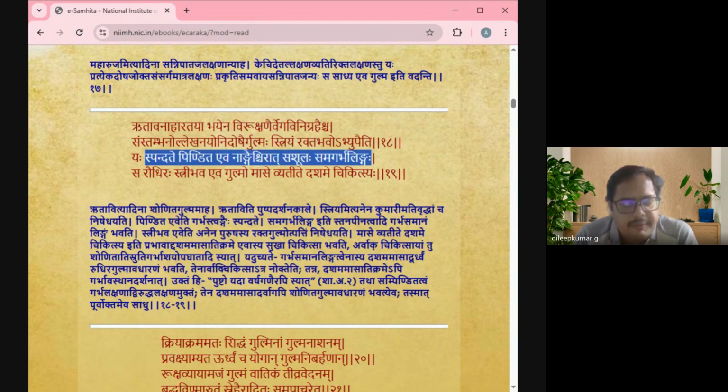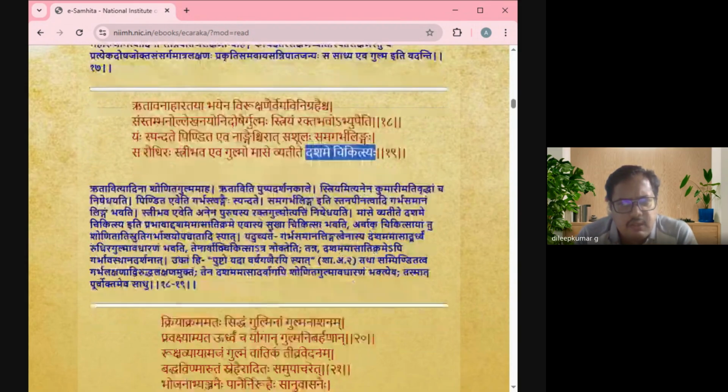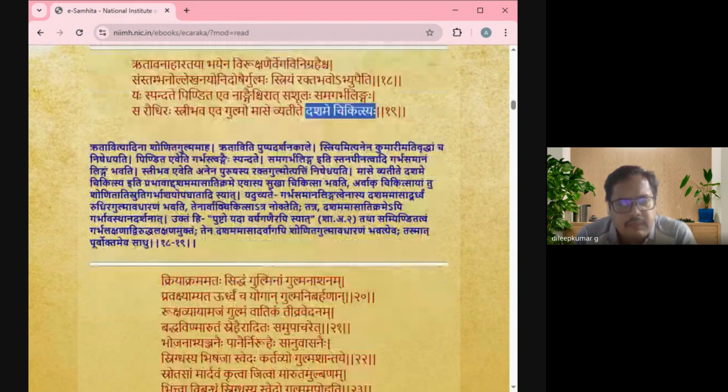There will be sashulam, pain similar to that of Garbha, and Samagarbhalingam. So this is called Raktaja Gulma. Stri Bhava Eva, it is related only to the female reproductive system. Mase Vitite Dashame Chikitsya, so only after the 10th month should we go for the treatment. So that is about Raktaja Gulma.